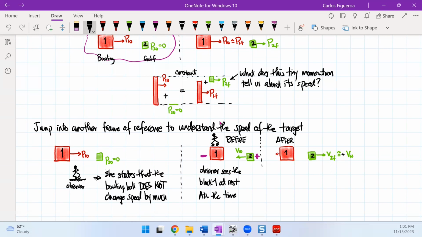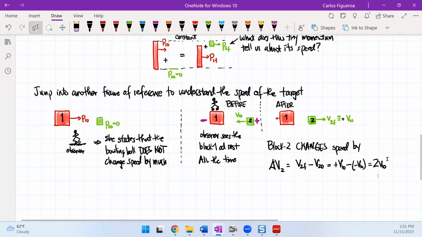So block 2 changes speed by, if I look at block 2, I have a negative speed and I have a positive speed. So this is going to be v2 final minus v2 initial. But if I put this into this language, this is then going to be positive v1 initial minus negative v1 initial.